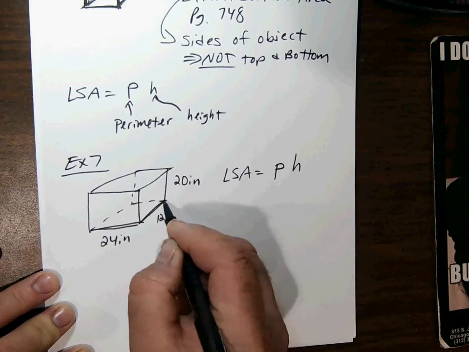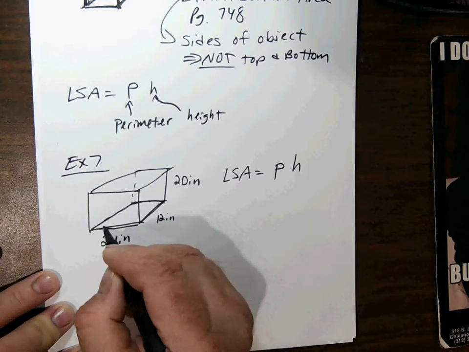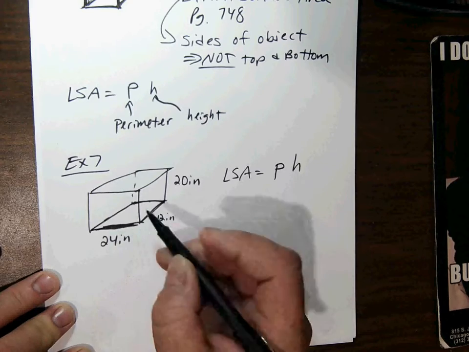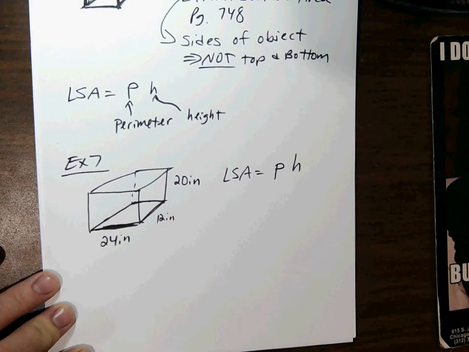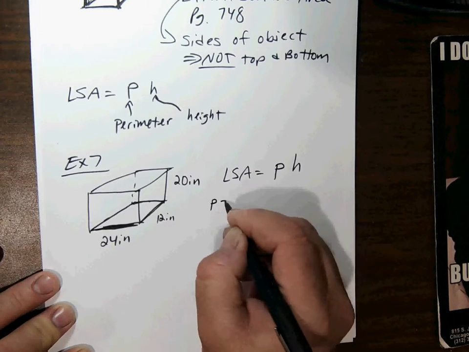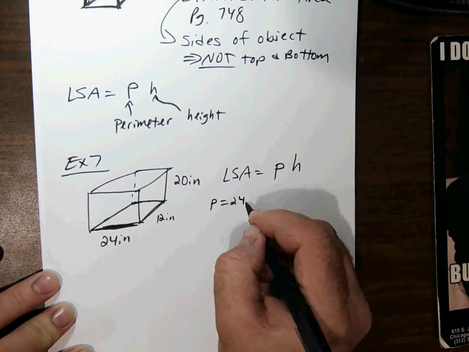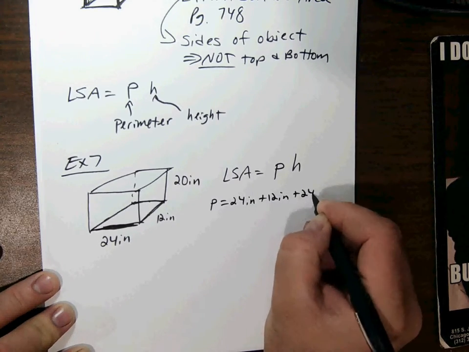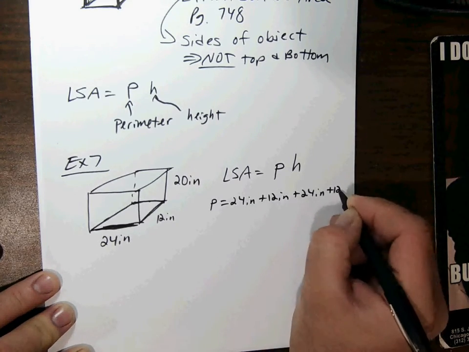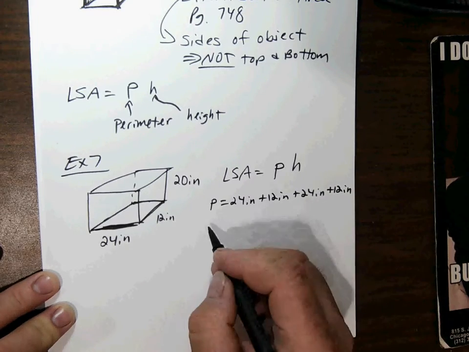So all the way around this base side here, the box on the ground, which is of course the same as the perimeter of the top also. So my perimeter is going to be what? I've got 24 inches plus 12 inches plus 24 inches plus 12 inches. We've learned shortcut ways to find the perimeter also.